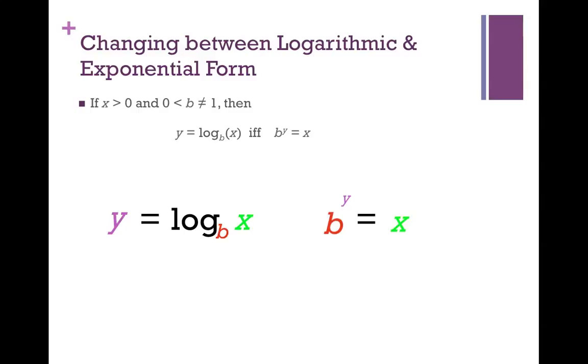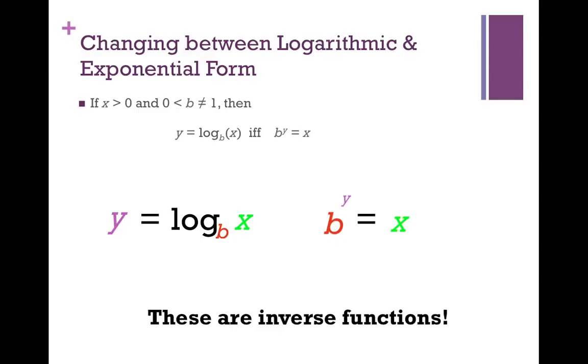And we said in the last objective that that made these two functions inverse functions. So we saw what that meant algebraically by talking about how if we switch the x and the y here, then that would end up giving us an exponential function. But what does that mean graphically?